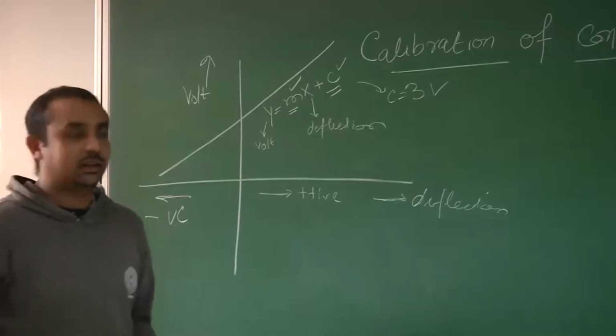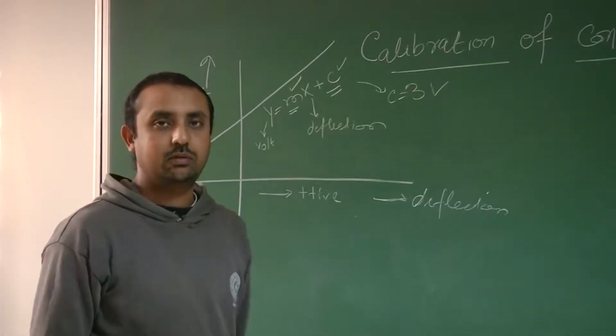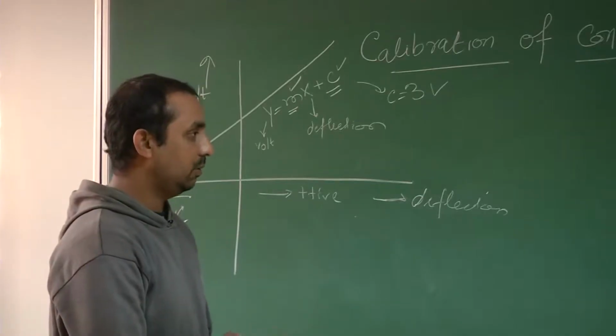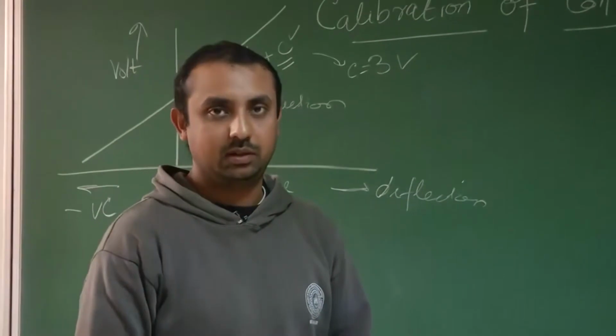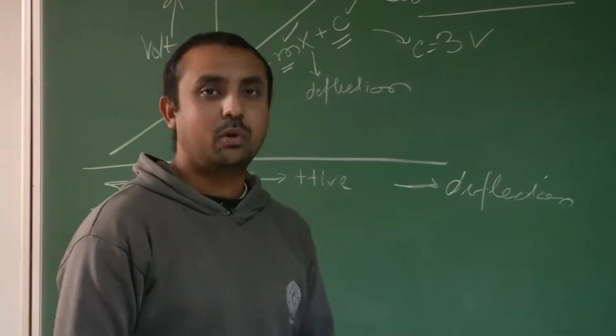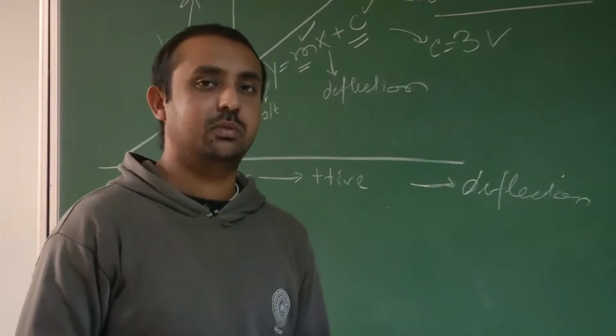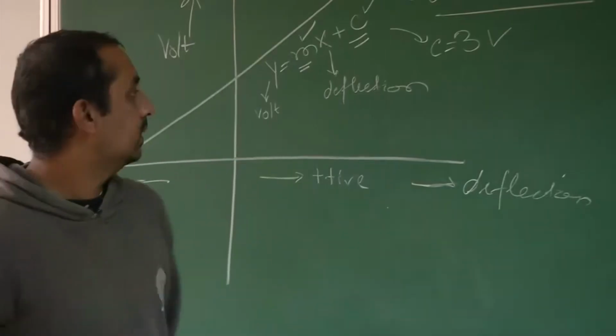There is another way to determine the relation of voltage and deflection of the control surface. Suppose you don't have instruments such as a digital inclinometer. In that case, what can be an approximate way to determine the relation between voltage and control surface deflection?